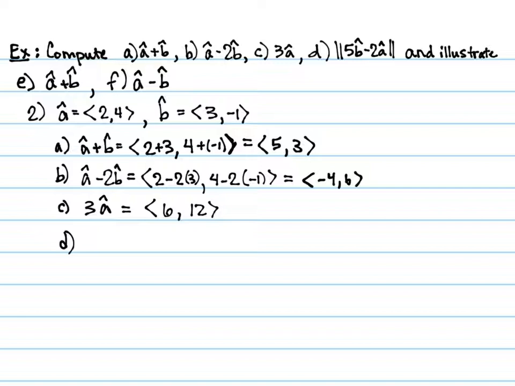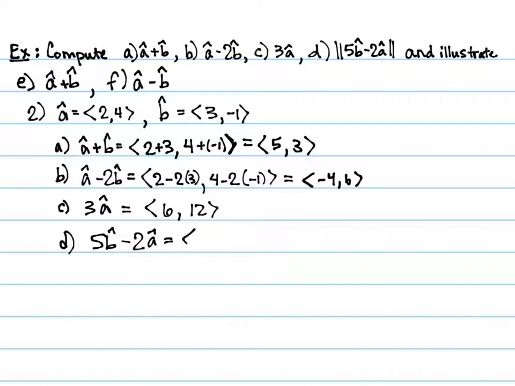All right, so D is the most interesting one. D is asking me for magnitude, and I haven't shown you how to do the magnitude yet, but let's do the part that's inside of the magnitude bars first. So let's just find the 5B minus 2A part first, and then I'll do the magnitude after we're done with that.